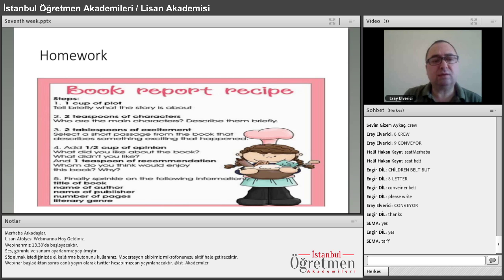As you can see in the example, we have 5 steps. The first one is a cup of plot. Plot means the short, the brief, let's say, layout of the book, the place, the people, and everything. It says, tell briefly what the story is about. The second one is 2 teaspoons of characters.